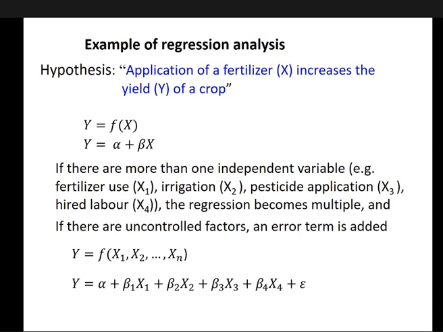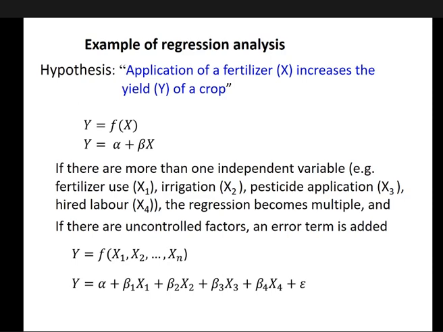That is a simple regression model under controlled conditions.